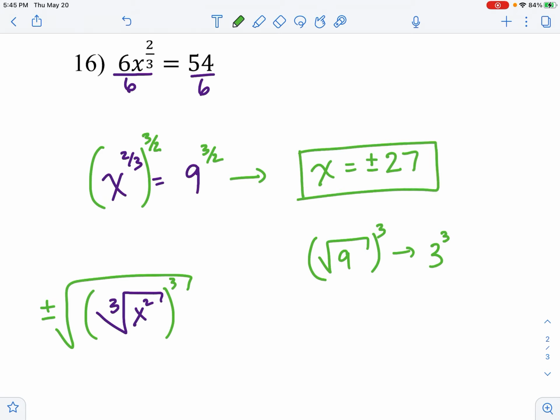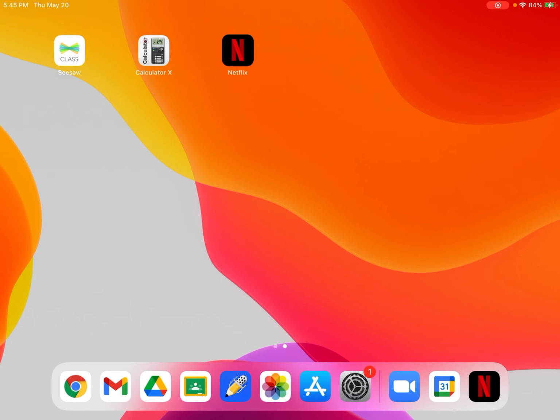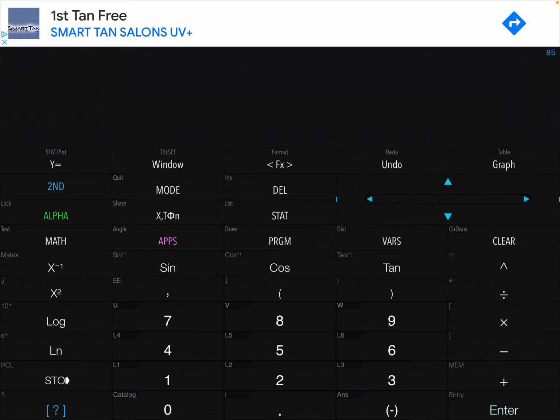You can always check these, plug in 27, plug in negative 27. Your calculator will do fractional square roots. If you put in a fractional square root, you just have to be really careful that you put it in parentheses. I'm checking 27.